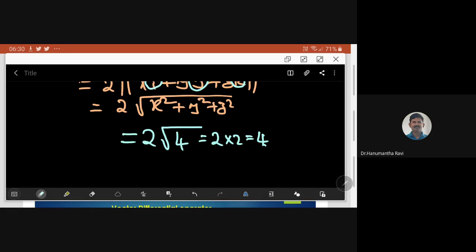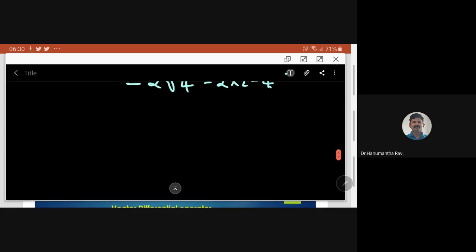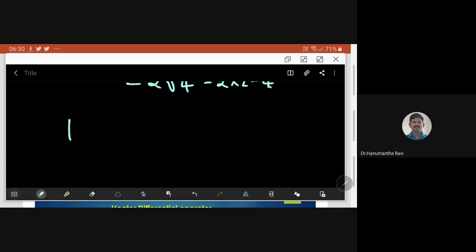Now if I want to normalize this, the normalized vector I am talking about, simply multiply by this number.